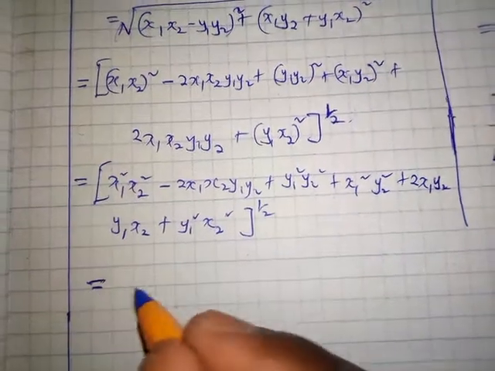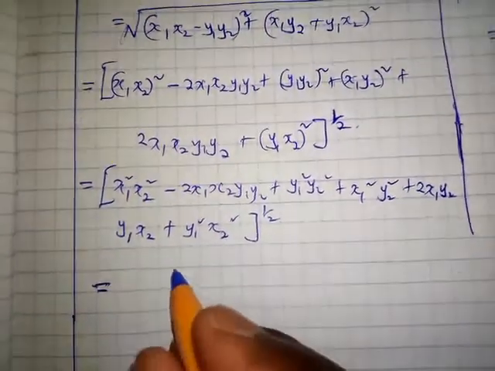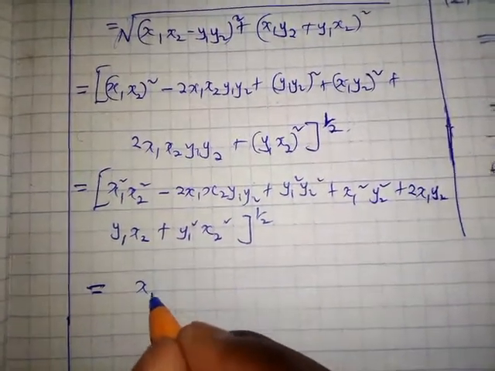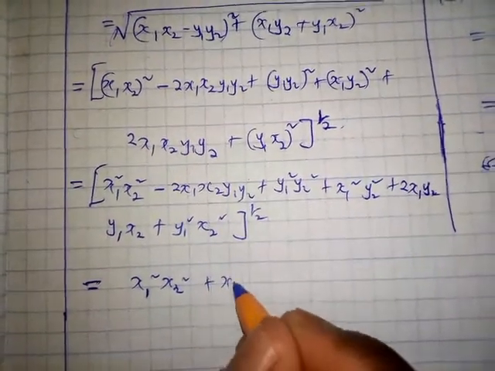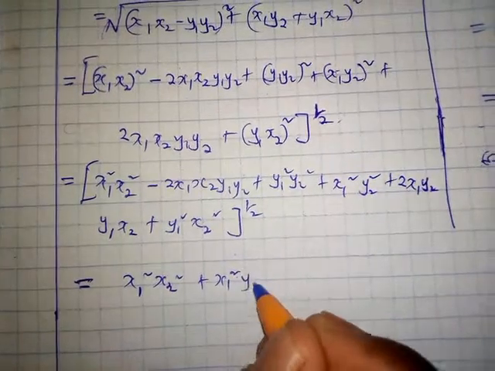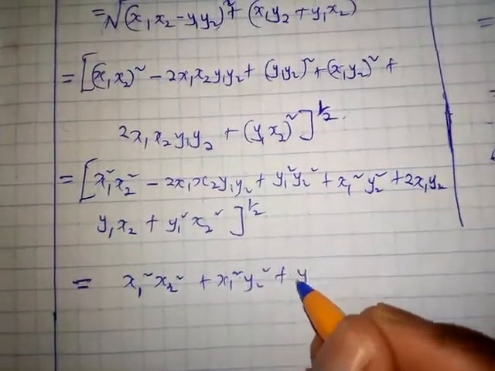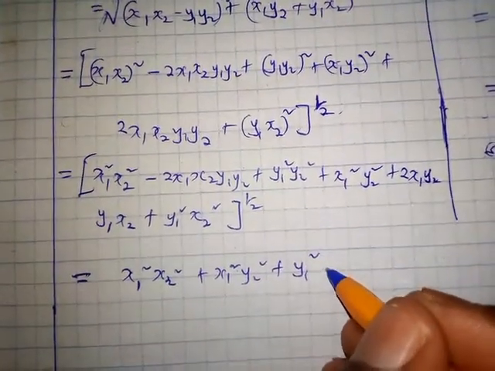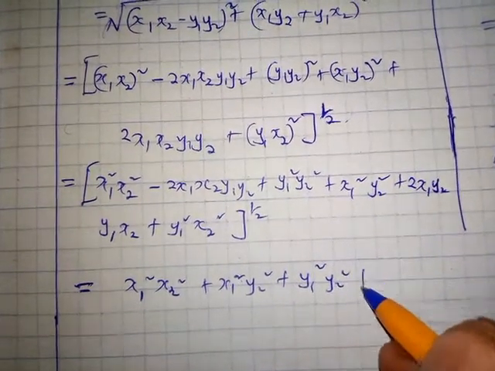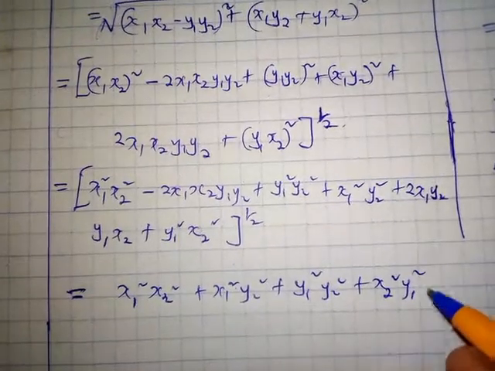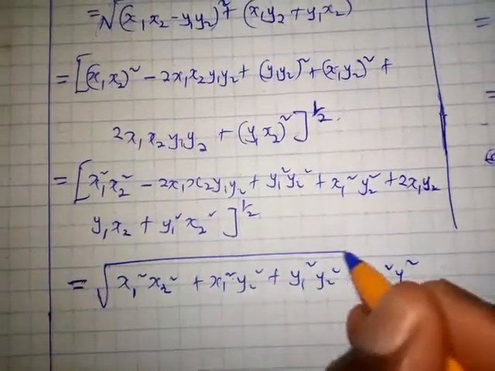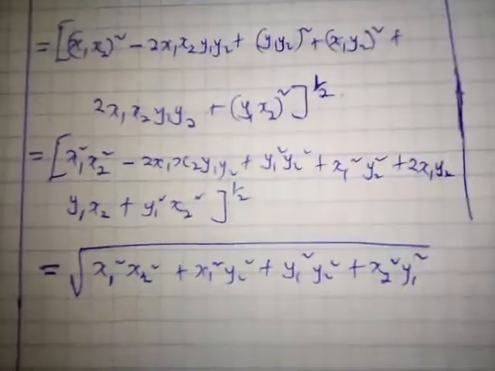Are we together? Then this becomes x1 squared x2 squared plus x1 squared y2 squared plus y1 squared y2 squared plus x2 squared y1 squared. There are some steps that I have omitted.